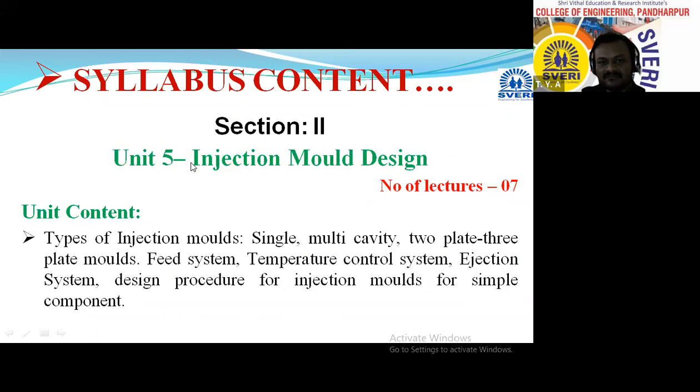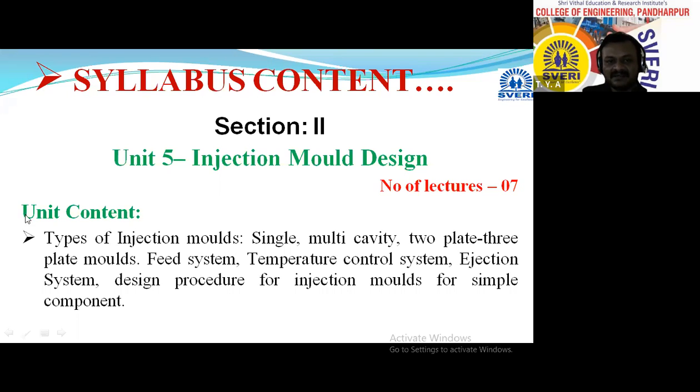Then in the fifth chapter, we are going to discuss the injection mold design. In the same way as we discuss compression mold design, injection mold design will be discussed, but the parameters will be different. As the mold is different, its parameters will be different.